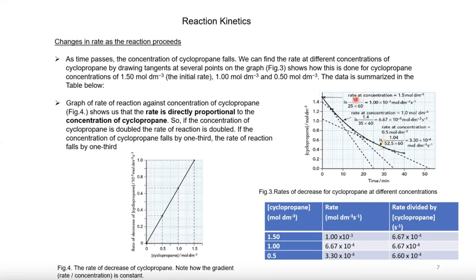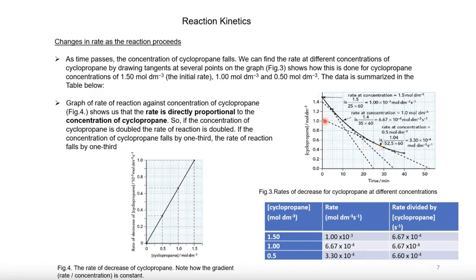We can see that we draw these 3 points of concentration. One is at time 0, another at 10 minutes, another at 30 minutes or so. So 1.5 mole, that's the concentration, 1.5, 1.00, and then 0.05.